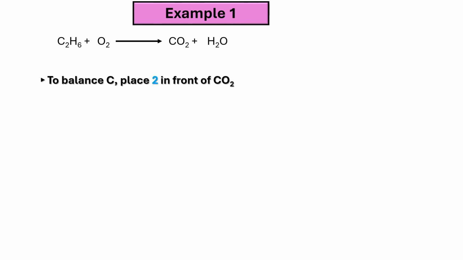So we begin by balancing carbon. We place a 2 in front of the carbon dioxide on the product side. So place a 2 in front of CO2. Right? We have 2 carbons on the left, and now we have 2 carbons on the right as well.